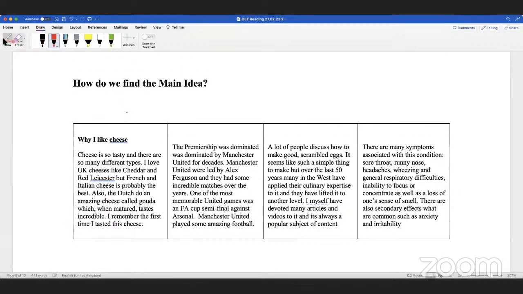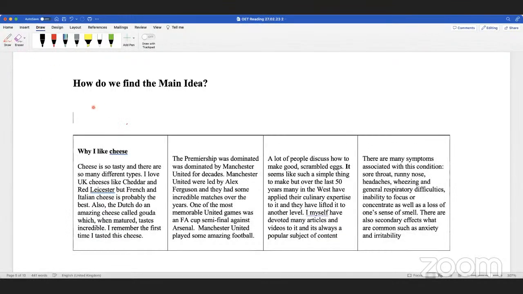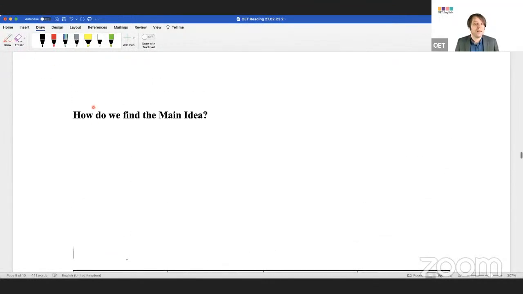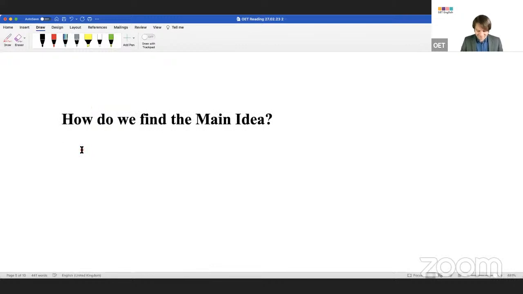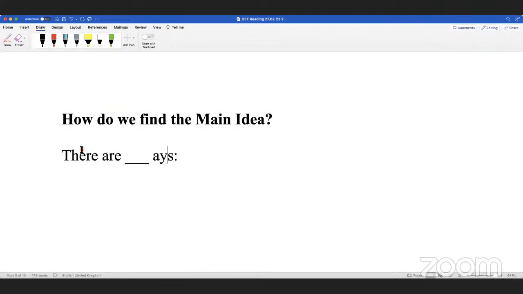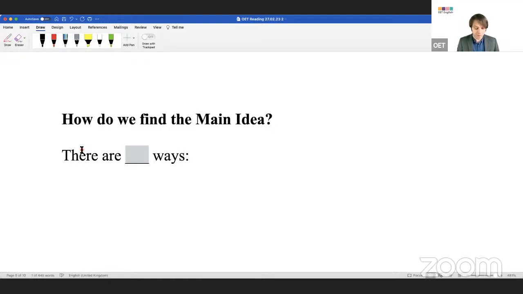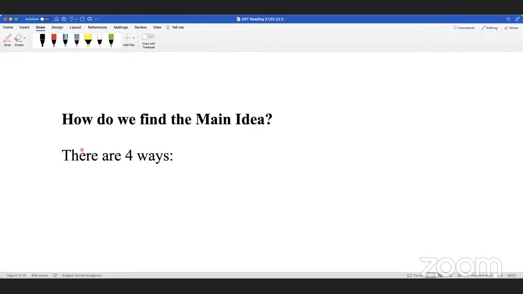So we have some methods to find the main idea. How many? You have a big clue already. There are how many ways? 4. I can only think of 4. This is only possible. I cannot think of any other way. Okay. And what are they? Mevlut, give me an example.